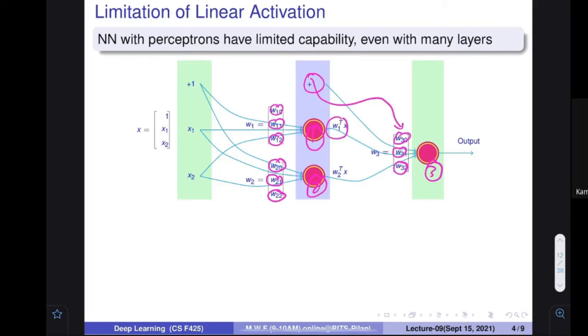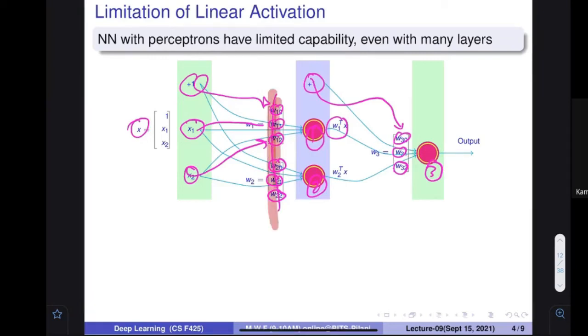What is the output here? If I input x1 at this particular place, x1 will be multiplied by W11, and x2 is multiplied by W12. Once again, let me explain what is happening.